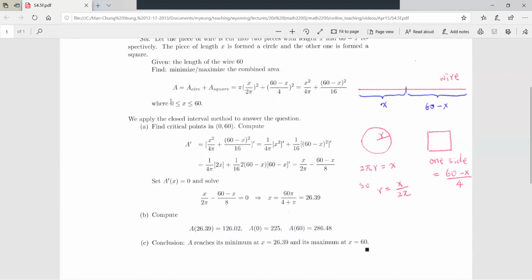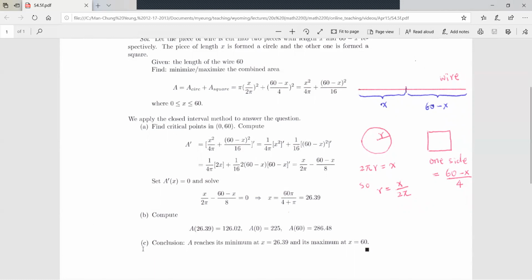And also compute the function value at the left endpoint 0. Plug in 0 for x, then the function value is this number. The function value at the right endpoint is this number.